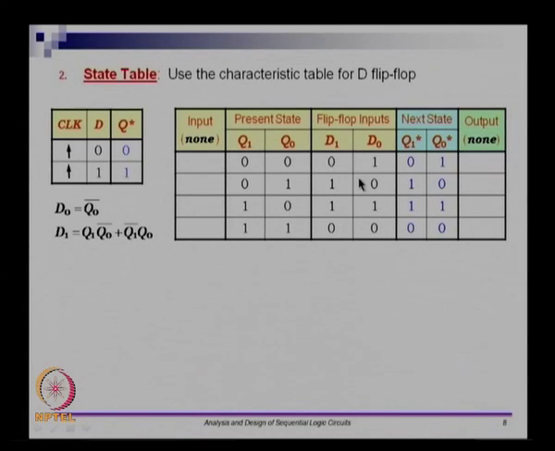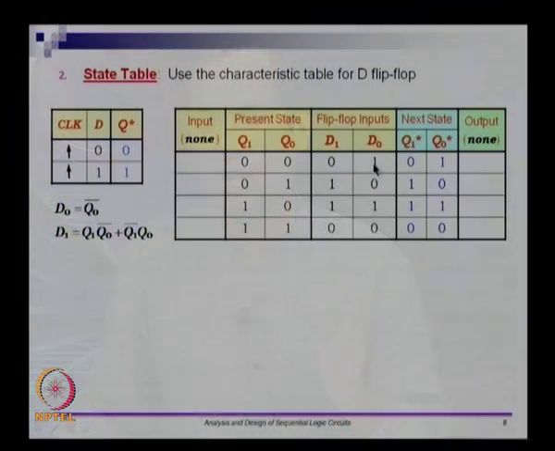Now, if these are inputs coming into a D flip flop, what would happen when the clock comes in? If the inputs had 0 and 1 at D1 and D0, after the clock comes in, Q1 will get 0 and Q0 will get 1. Remember the star notation means next state. So, at t, if D1 is 0 and D0 is 1, then at t plus 1, just after the clock comes in, Q1 will become 0 and Q0 will become 1.